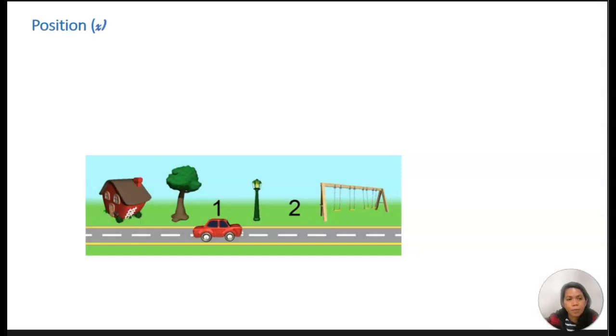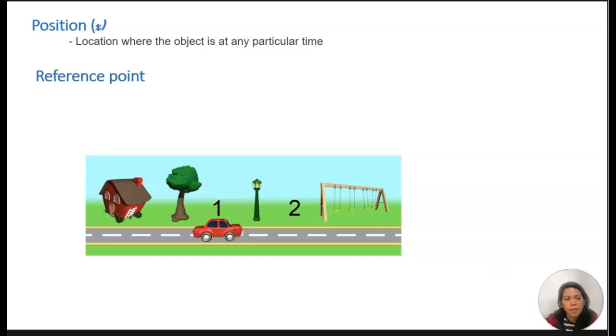One of the vocabulary words is position, which is represented with x if it's in x coordinates. Position is just a location where an object is at a particular time. A reference point is a point we use to find or describe the location of an object.